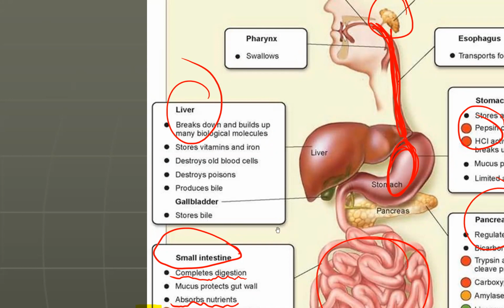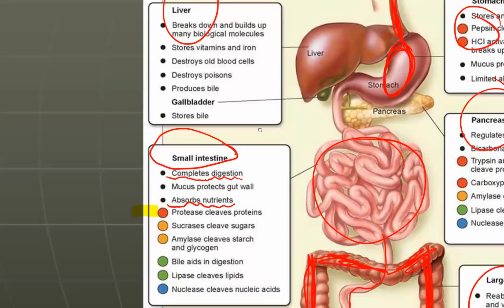And that actually helps break up the fats because it acts like a detergent. If you ever have a grease stain on clothing, you can't use just water to break it up, because water and fat don't mix. So bile actually helps break up fat. Again, why you want to break up something is because the smaller it is, the easier it is to digest it.